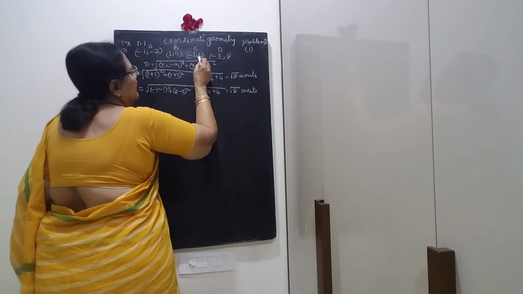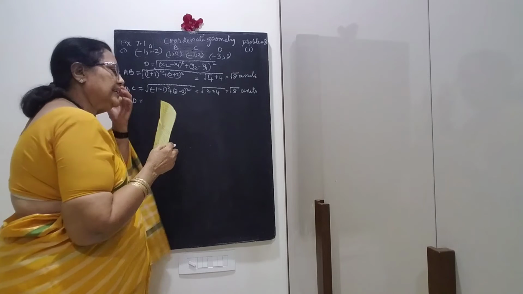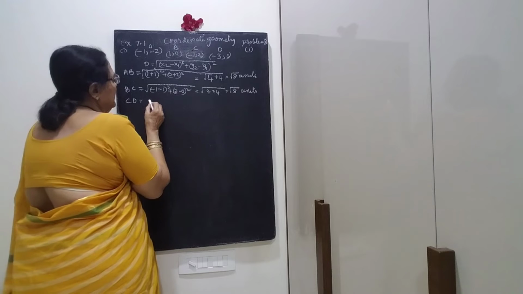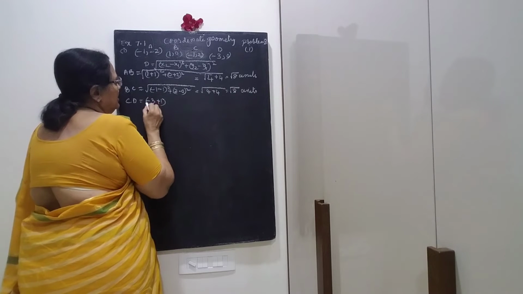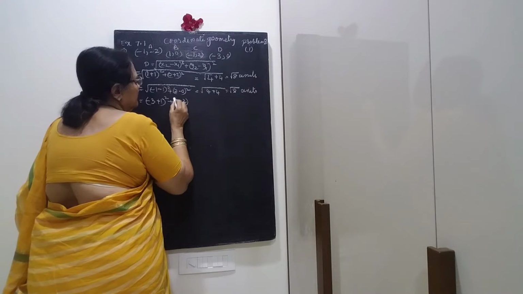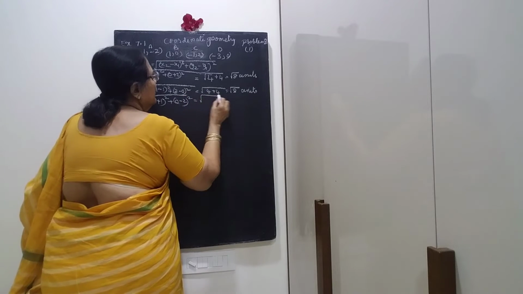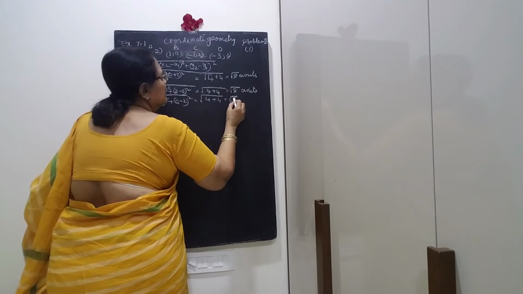Okay, and CD we'll find out. CD is (-3 minus of -1) whole square, that will be -2 whole square, plus (0 minus 2) whole square, that will be 2 square, 4 plus 4, root 8 units.